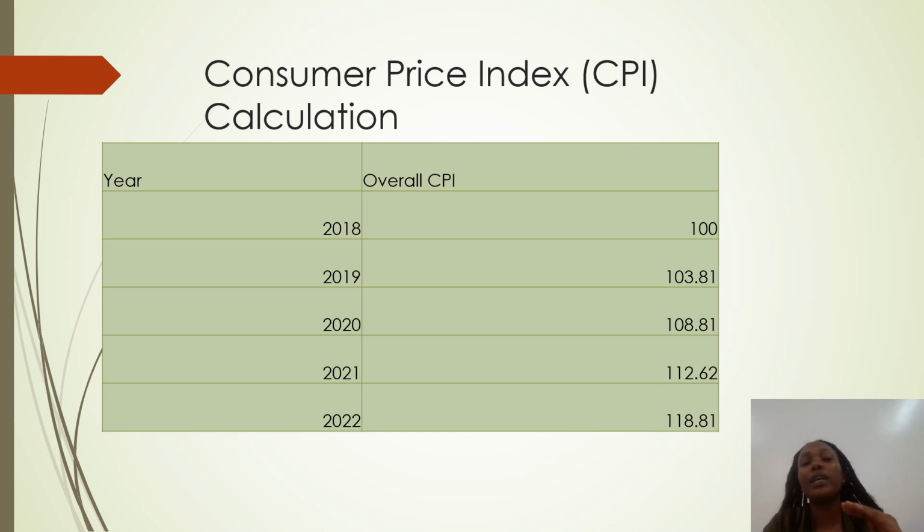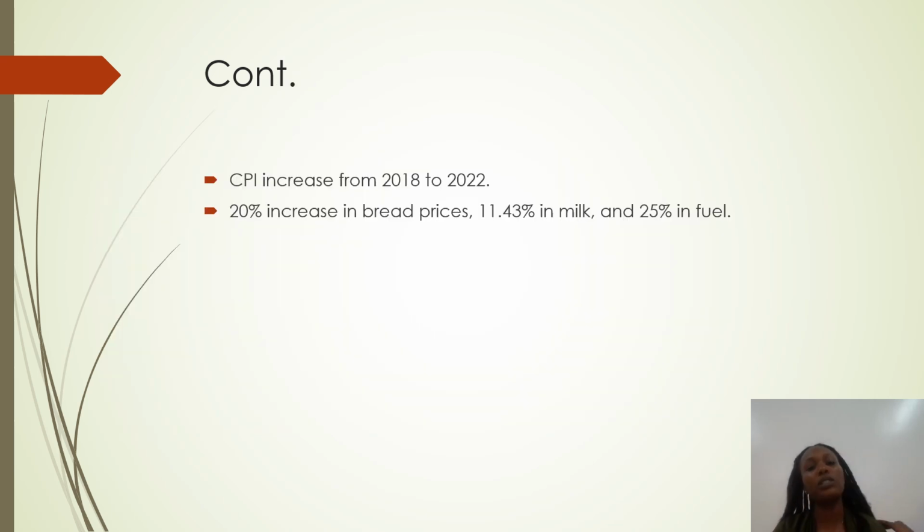You take the total cost of 2019 over the total cost of 2018 times 100. When you do that, you get 103.85. That's the CPI for bread, for a certain good. You continue to do the calculation until you get the overall CPI. Let's proceed.